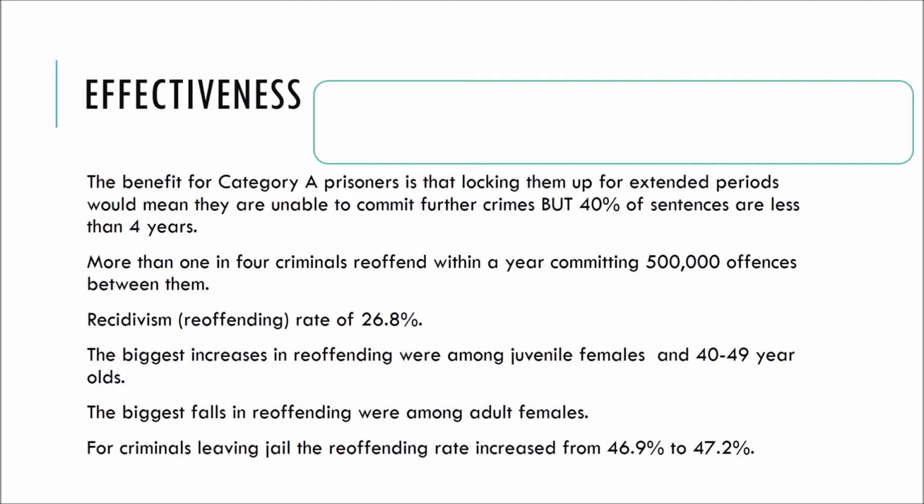The biggest increases in re-offending were among juvenile females and 40 to 49-year-olds. The biggest falls in re-offending, so people who do appear to show that it's effective in some sense, are adult females.